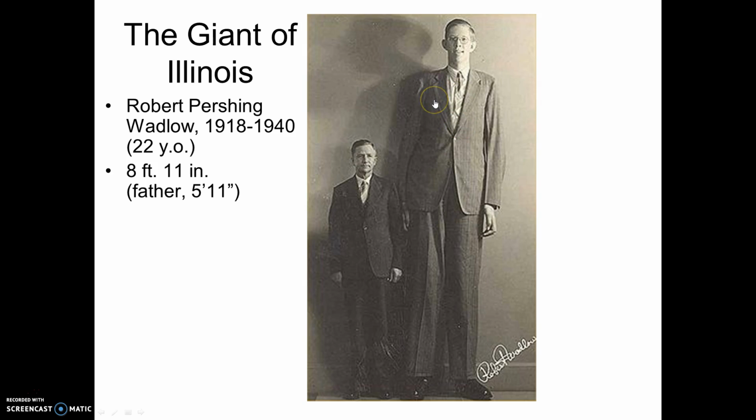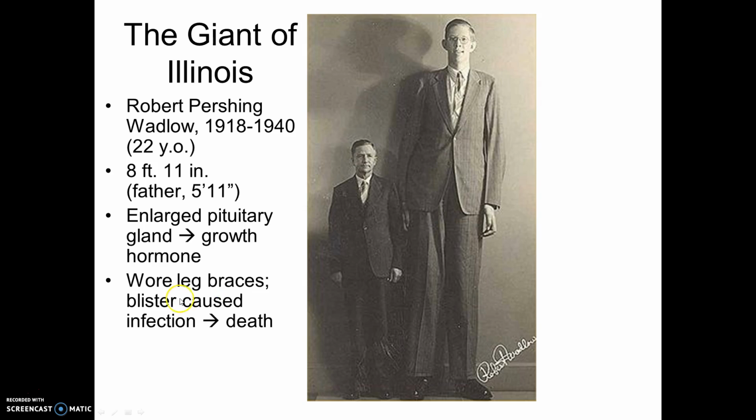Now, growth hormone stimulates the cartilage production in that zone of proliferation in the epiphyses, in the epiphyseal plates rather. He had to wear leg braces to help support his weight at this height, and he died early at age 22 from infections caused by blistering from those braces.